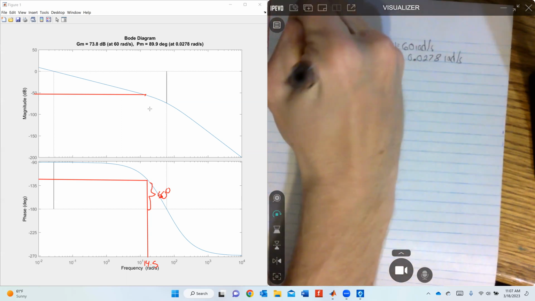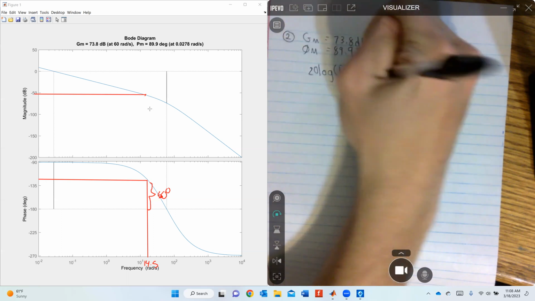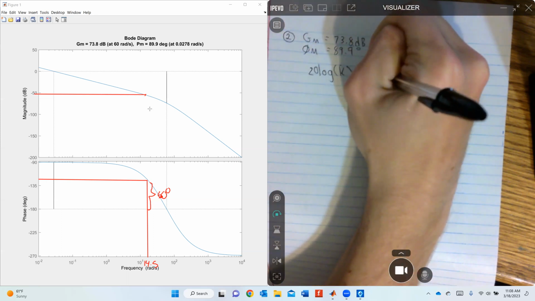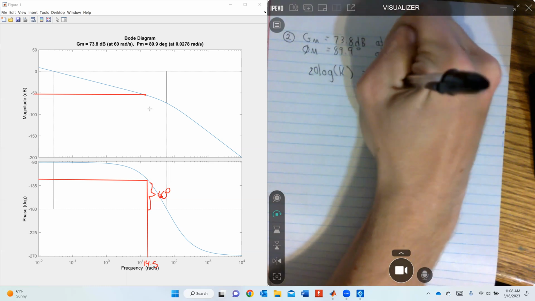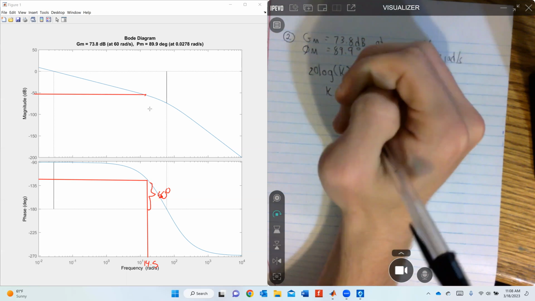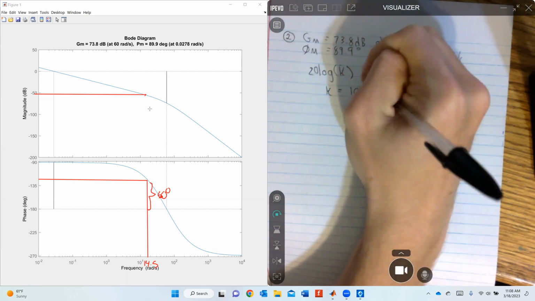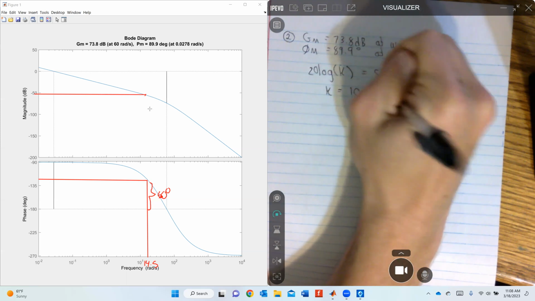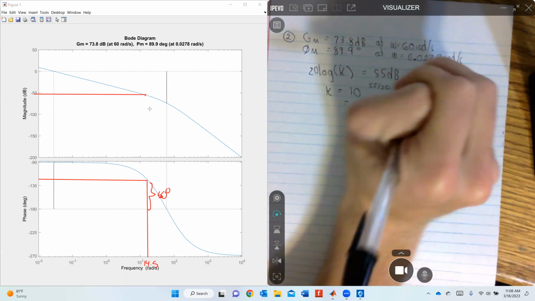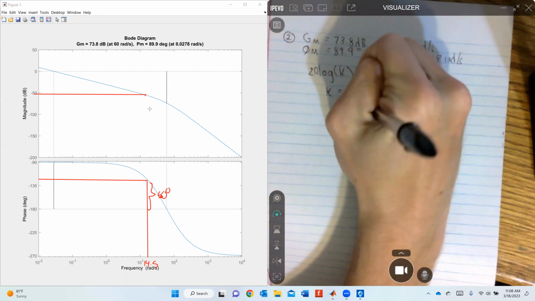So 20 log of K, how much gain we can have, is equal to 55 dB. If we're trying to solve for K, K is equal to 10 to the 55 divided by 20, which we get here as 562.